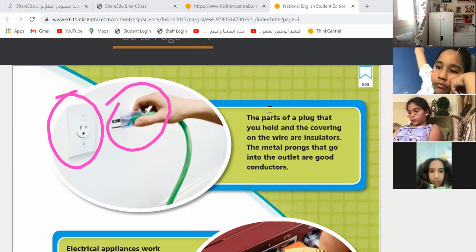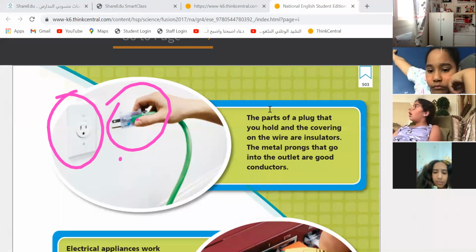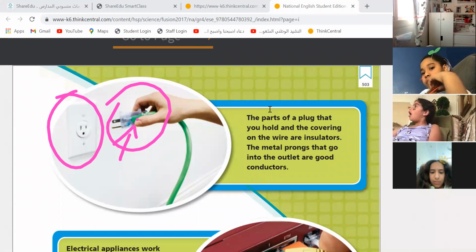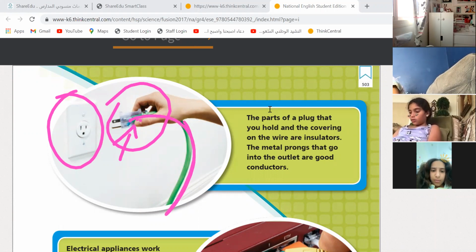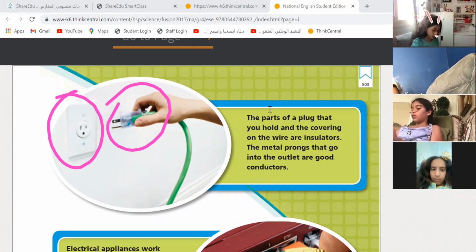They are insulators. Look at the transparent part. What's inside the transparent part? Wires. These wires are conductors, but they are covered from the outside with insulators. Why insulators? So you can hold it while you are holding them.